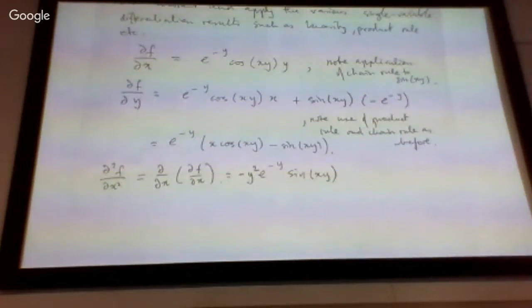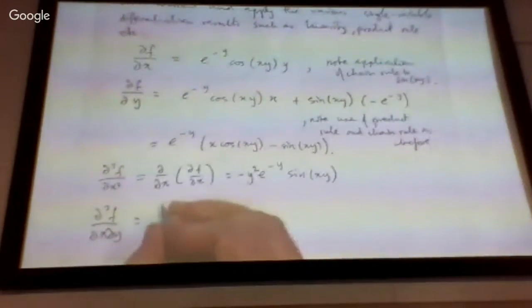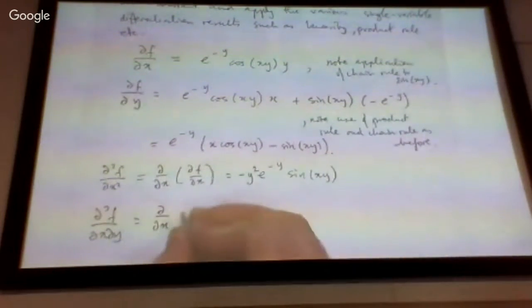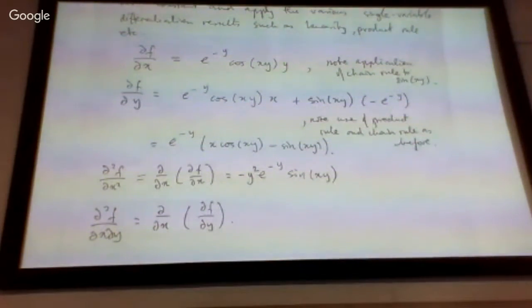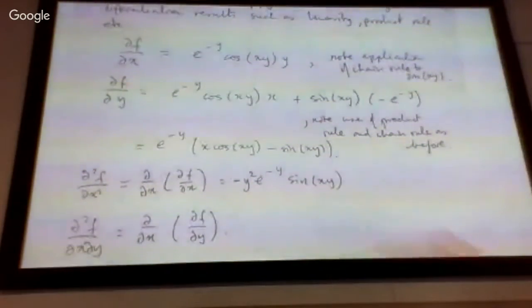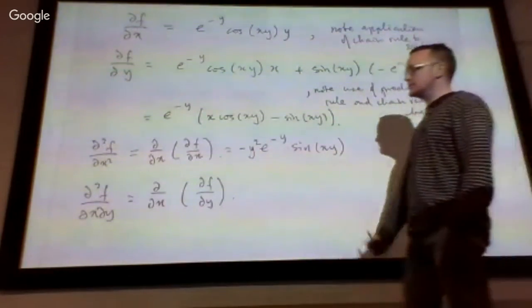And the last one is a mixed second order one, d2f dx dy. Similar principle. This time it's d/dx of df/dy. That is honoring the way the notation is set up, because these differentiation symbols are operators that apply to the function.